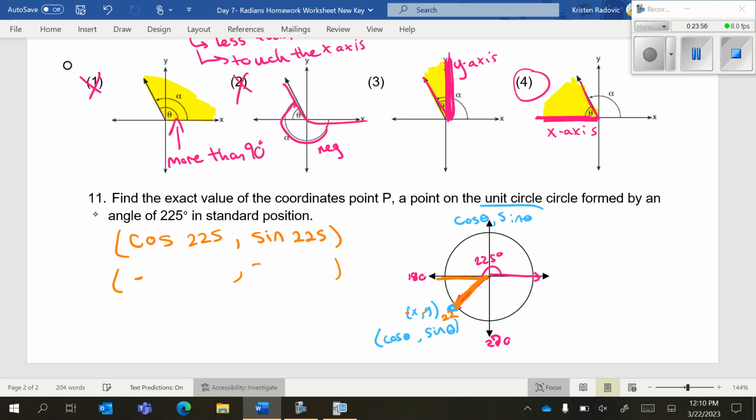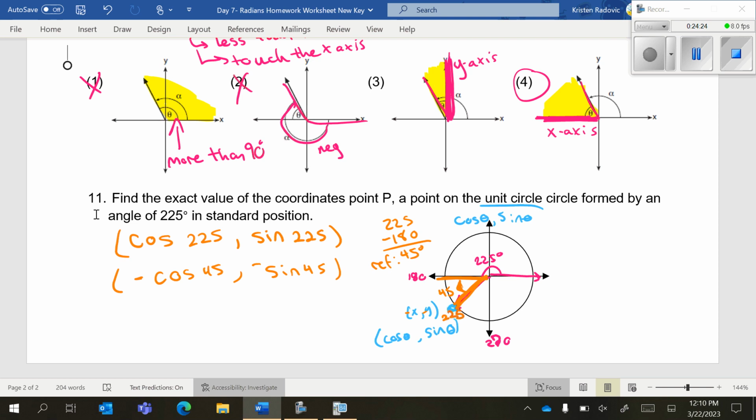If we went all the way to 225 and we're comparing it back to 180 degrees, that distance is 45 degrees. So your reference angle is 45 degrees. So instead of cosine of 225, you're going to find cosine of 45 degrees. And you're going to find sine of 45 degrees.